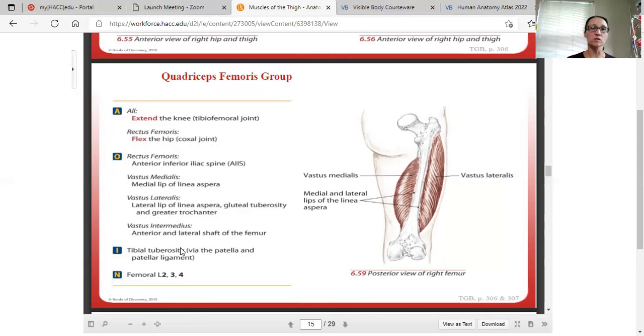Now, as far as actions are concerned, quadriceps muscles are on the anterior of the body, but they affect the knee. So the knee does sort of opposite actions to things that we typically think of as anterior actions like flexion. And when it does posterior actions, it's going to be opposite as well.